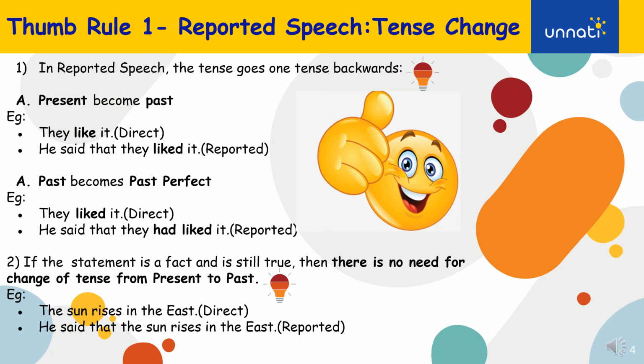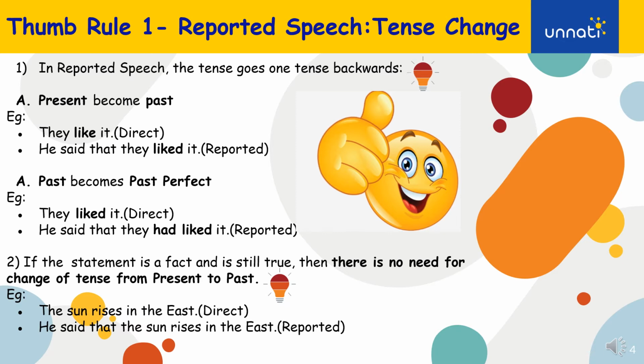Yeah? Now the next point that we need to remember is if the statement is a fact and is still true. These would generally be generic facts or scientific facts. There is no need to change the tense of the sentence. For example, the sun rises in the east.